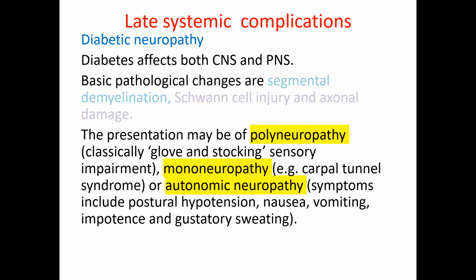The presentation may be in the form of polyneuropathy, classically described as glove and stocking sensory impairment, mononeuropathy, carpal tunnel syndrome, wrist drop, foot drop, and autonomic neuropathy. The symptoms include postural hypotension, nausea, vomiting, impotence, and gustatory sweating.